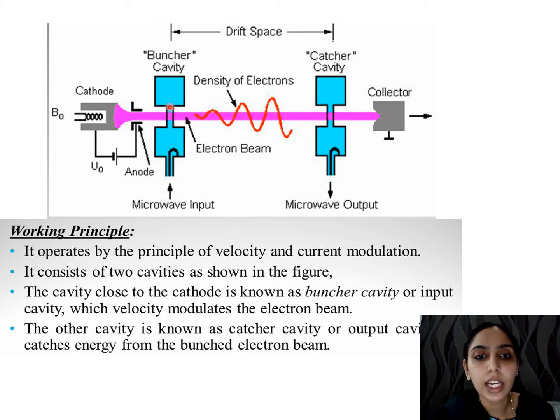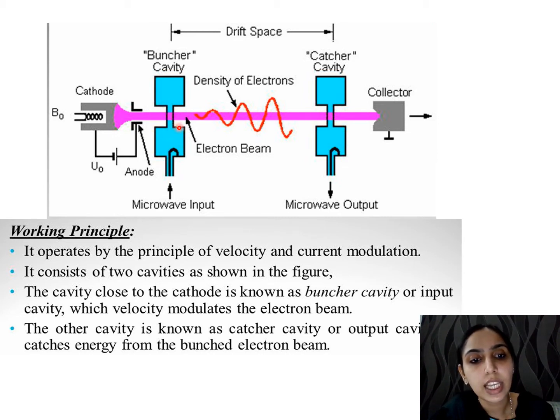What happens to the electrons passing at the positive of the signal voltage or gap voltage? Obviously, those electrons are going to be accelerated, and those electrons passing at the negative point of the signal voltage or gap voltage will be decelerated.